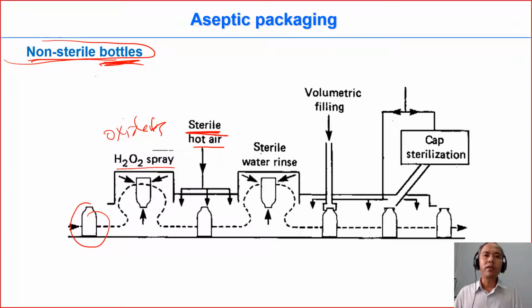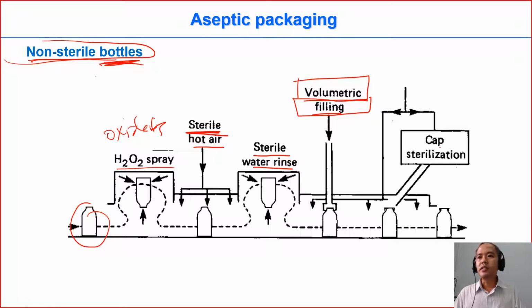And then we can use sterile water to rinse the deposit of chemicals to remove it. And then we do filling. Remember, volumetric filling. Volumetric filling means that we have to fill at an accurate volume every time.